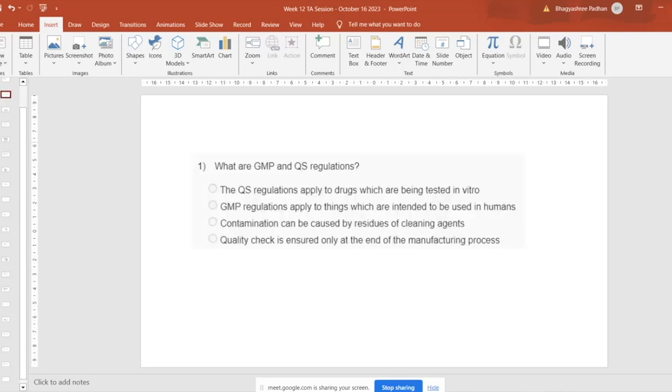So this was the first question. What are GMP and QS regulations? I'll give you some time to go through the options. Let me know what you think the answer is, and we'll discuss the answer again.